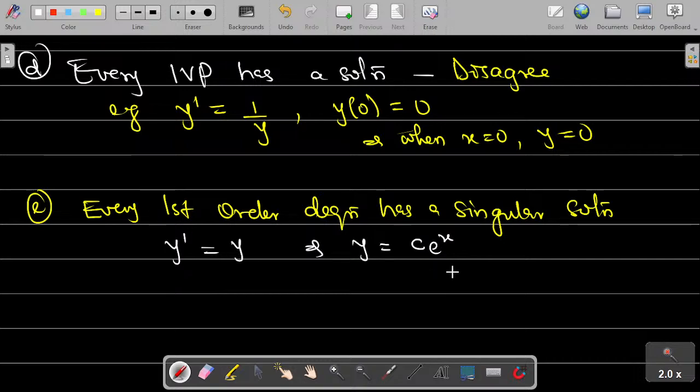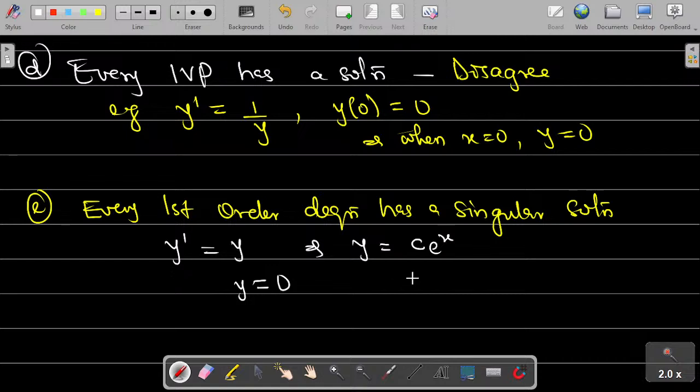Even looking at this, you would see that every other solution is gotten from this particular solution by giving values to c. Now the constant solution here is y equal to 0.